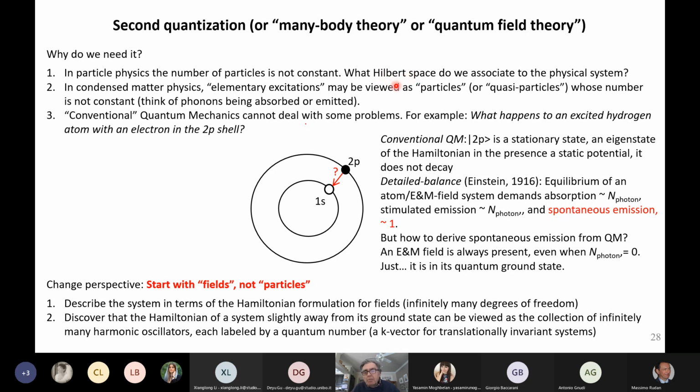Okay, if we want to deal with n particles, we can define the tensor product of many one particle Hilbert spaces. But no matter how many I consider, that number is fixed. So there is no way that I can describe a system in which the number of electrons or whatever particles I'm dealing with changes in time if I stick to conventional quantum mechanics.